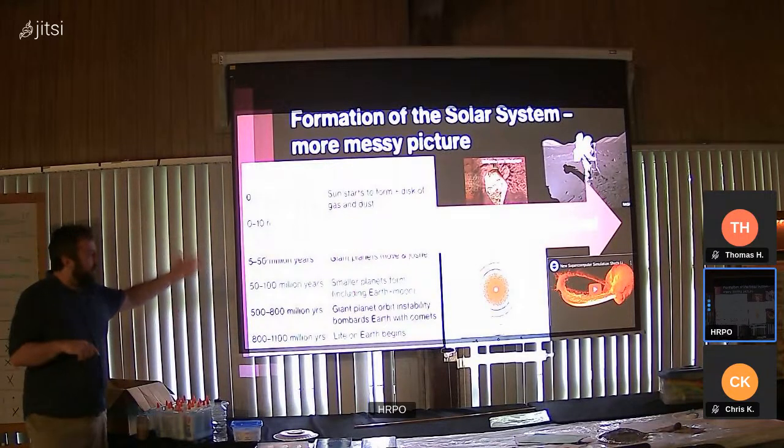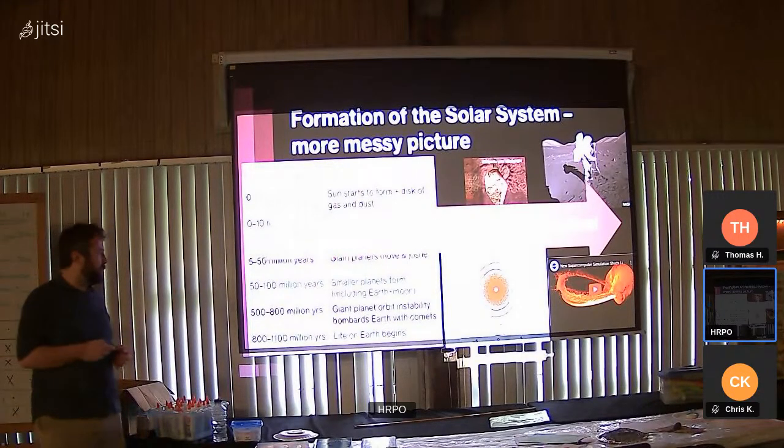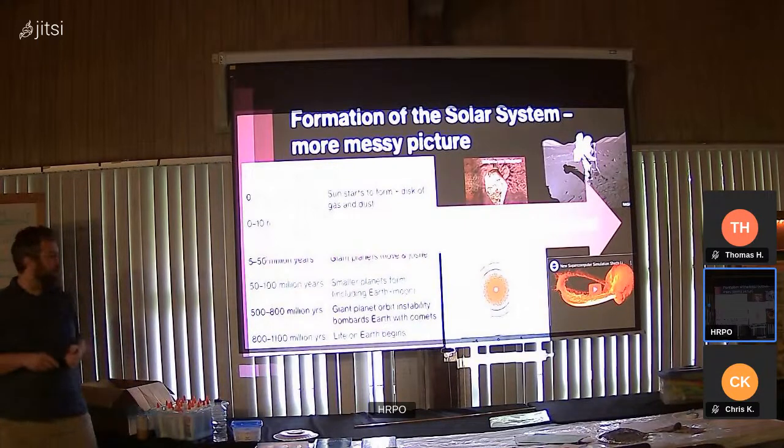So the picture of solar system formation is more complicated because we have more data to work out the kinks in the model and try to understand all the different processes. And we think that the same kind of processes will go on in other planetary systems, we're just unlikely to be able to observe them in enough detail.